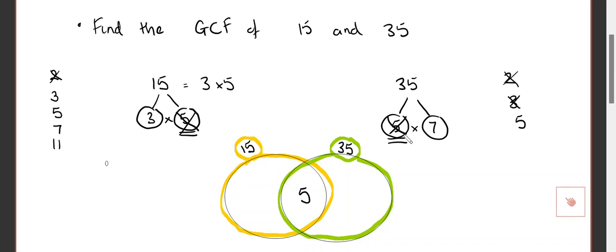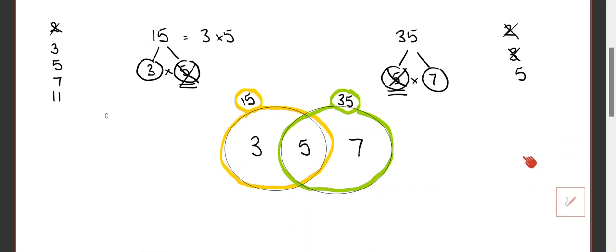Now, what do you think happens to the 3? The 3 goes in the 15 side, because 3 times 5 makes 15. Where does the 7 go? In the 35. Now we need to interpret this result.